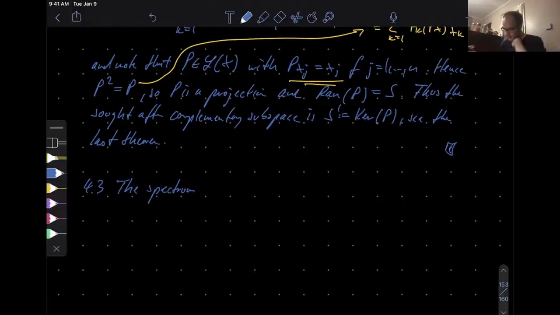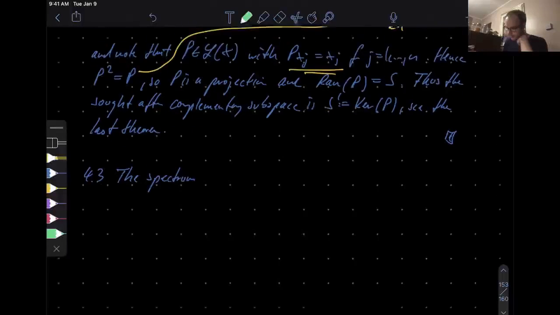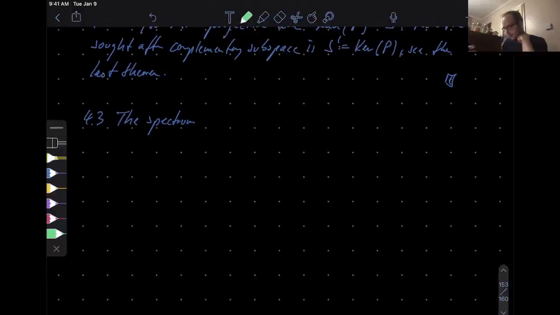All right, so thinking back a little bit to linear algebra, you can think about matrices. If you have a linear operator on a finite dimensional space, think of an n by n matrix. After all, they're represented by such matrices. And then you know what eigenvalues are.